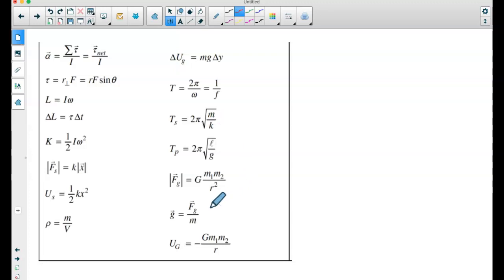So it turns out the model that we've been using for the force of gravity has some important limitations. We've been using this equation so far, where we've always put in 10 meters per second squared for g, which is the strength of the gravitational field. F_g is the force of gravity. m is the gravitational mass. Now, some of you have noticed this formula right here.